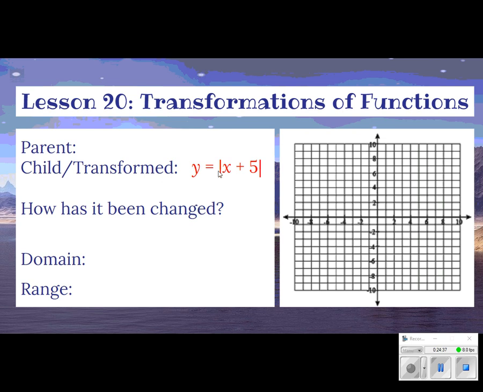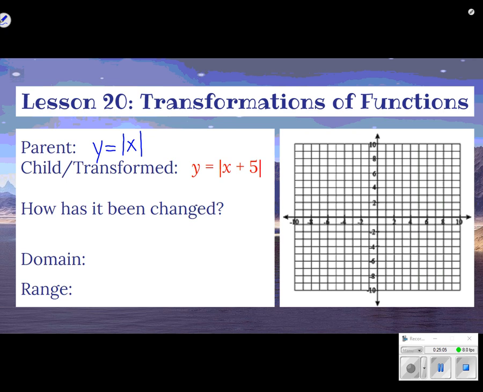My question to you, what function family does this function belong to? It has absolute value bars. It's in the absolute value function family. So that means its parent graph, parent equation is y equals the absolute value of x. Well, what does the shape of the graph look like? Well, if you remember, all absolute values look like V's.